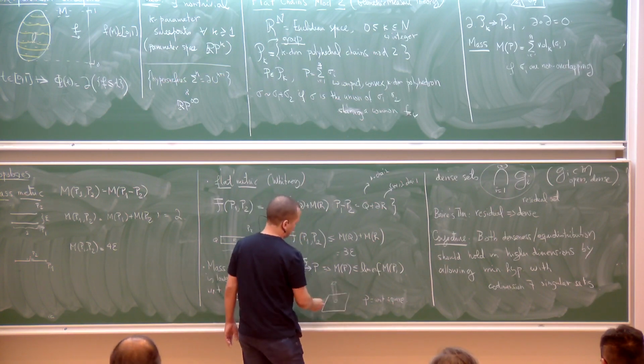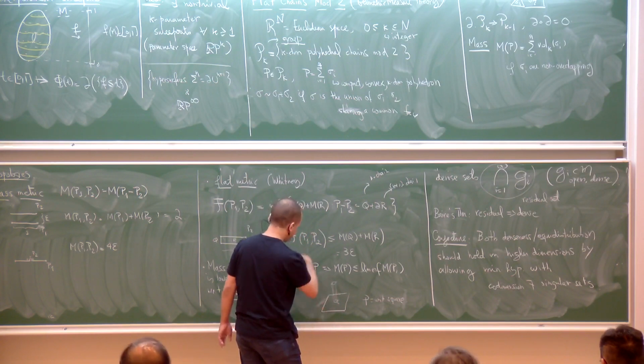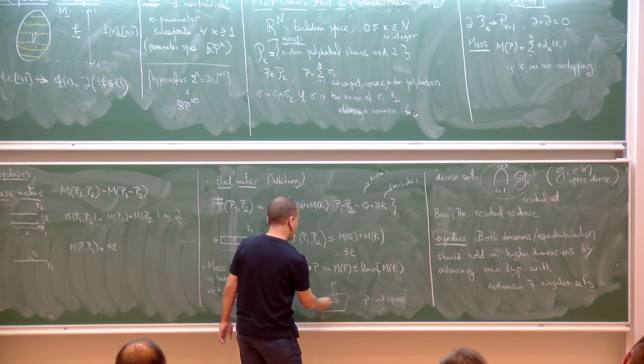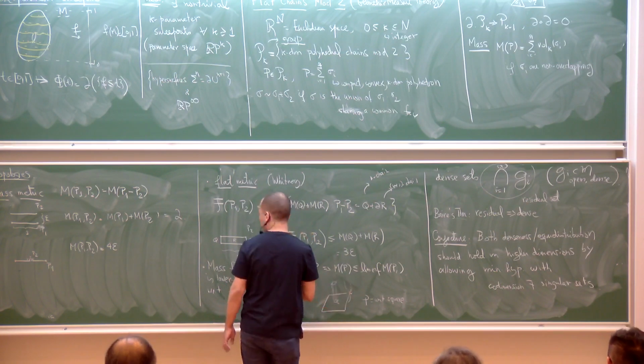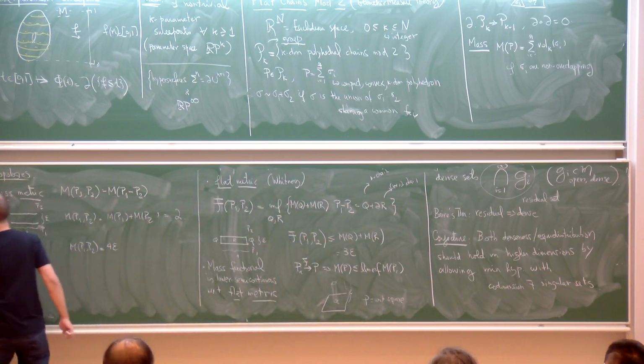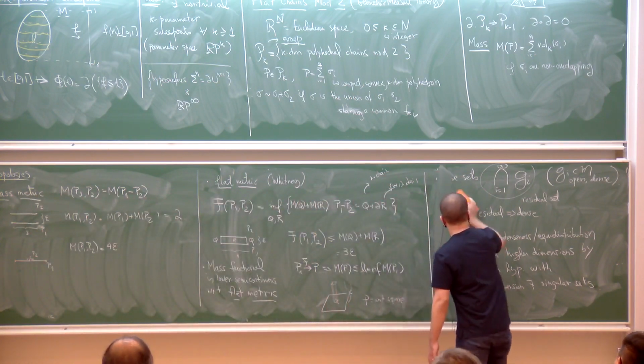So this is size epsilon. I guess this could be, maybe the height here is 1 over epsilon. So in this example, one can see, maybe I leave it as an exercise.